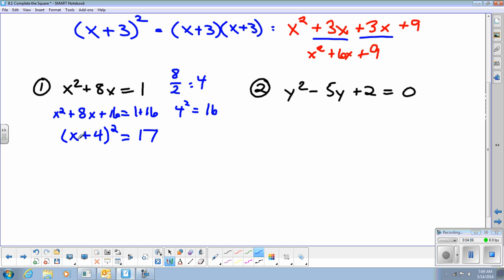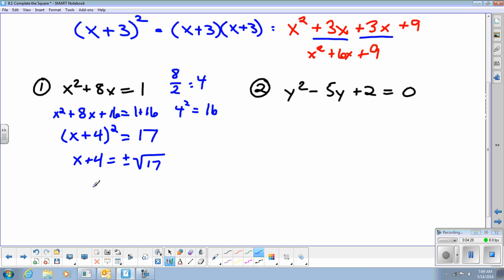So now I have x plus 4 squared equals 17. You're now back to what you were doing using the square root property that you did in lesson 1, and I'm going to square root both sides. Excuse me, and I have x plus 4 equals plus or minus the square root of 17.